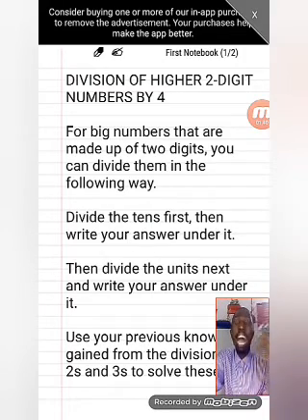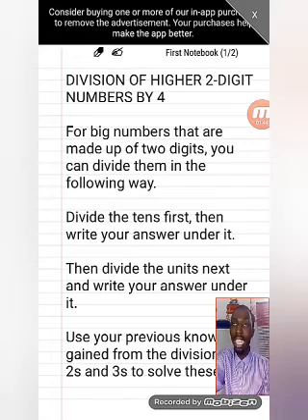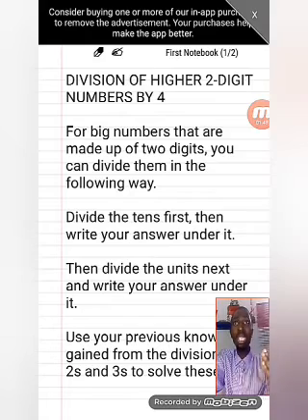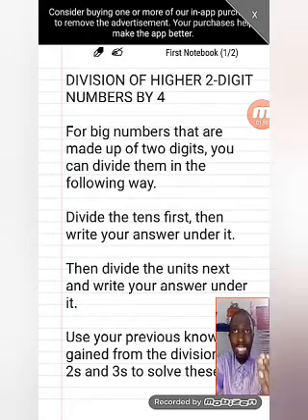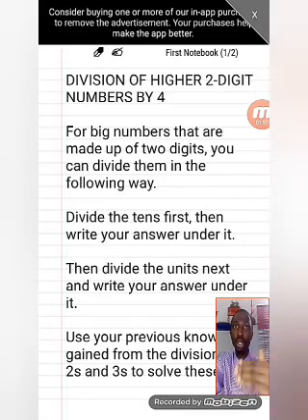But for big ones among them, maybe like the 80s, the 70s, the 90s, depending on how you see it, you can divide them in the following way we are about to instruct you in.